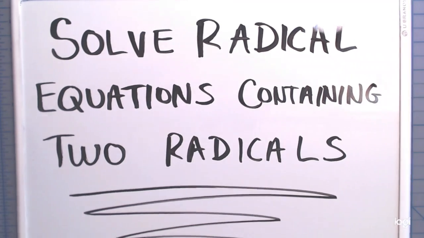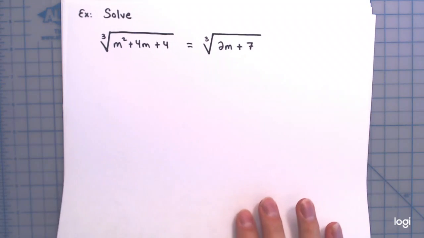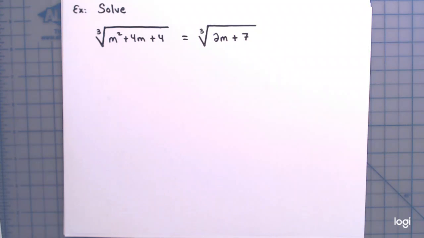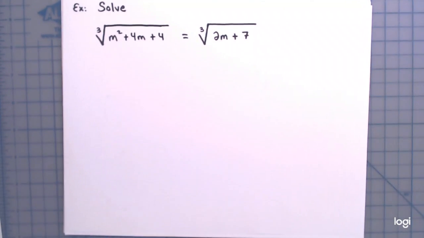So let me begin. For my first example, I see one radical term on each side, making a total of two.